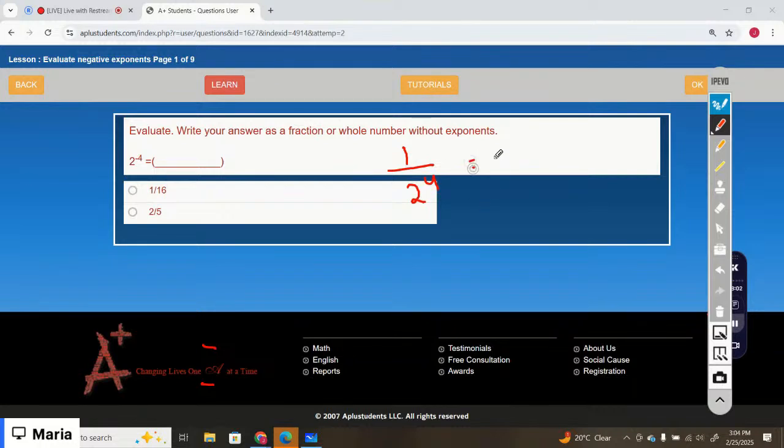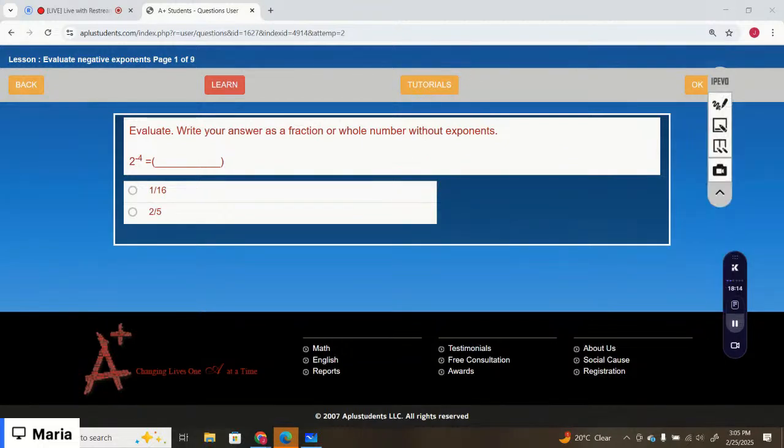So 2 exponent 4 means you have to multiply 2 four times. So that is 2 times 2 is 4, 4 times 2 is 8, and 8 times 2 is 16. That is 1 over 16. Option number 1 is the correct option. Very good.